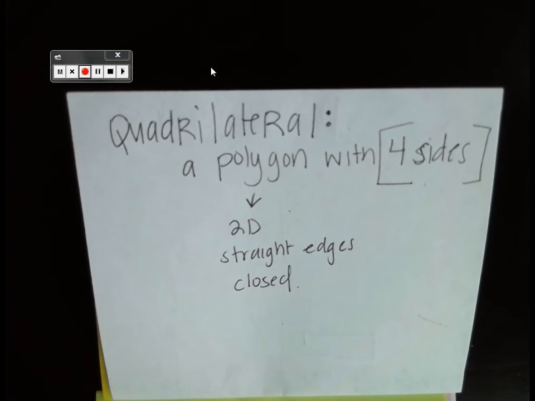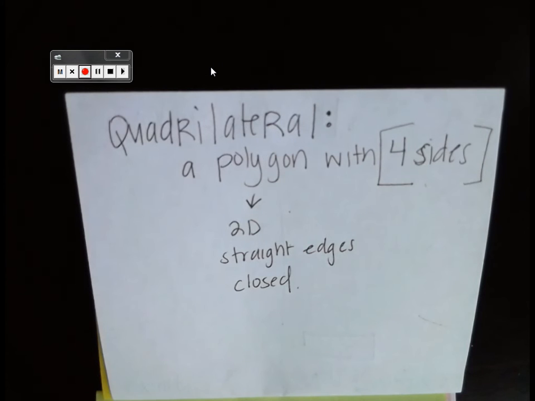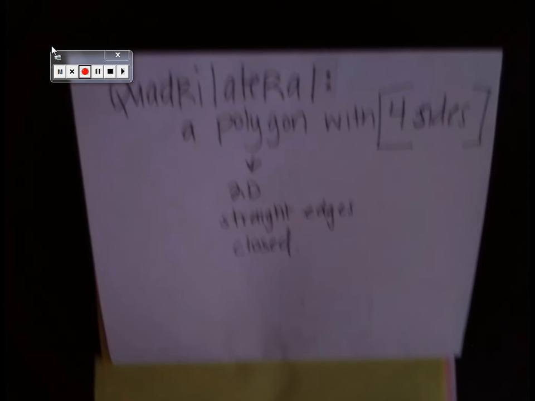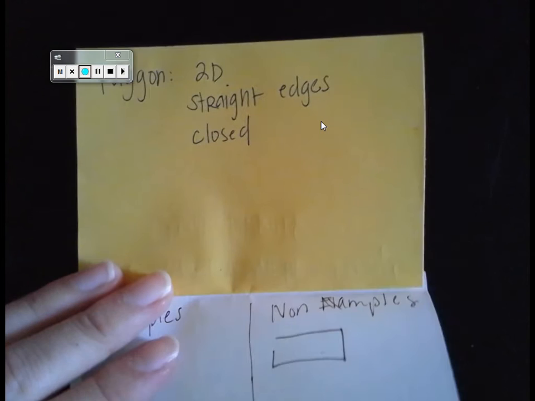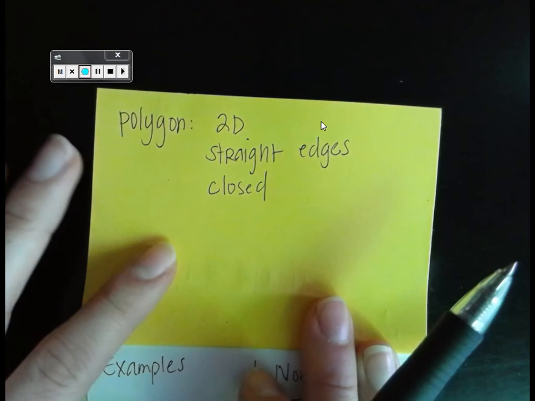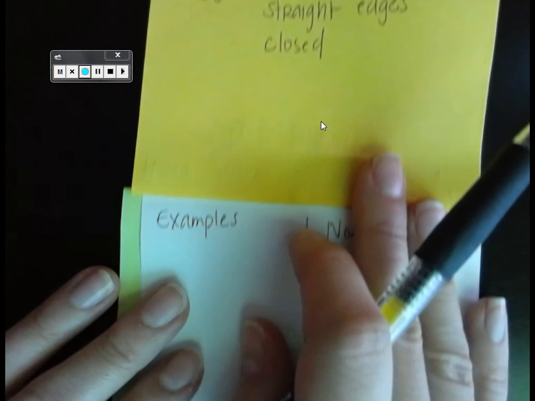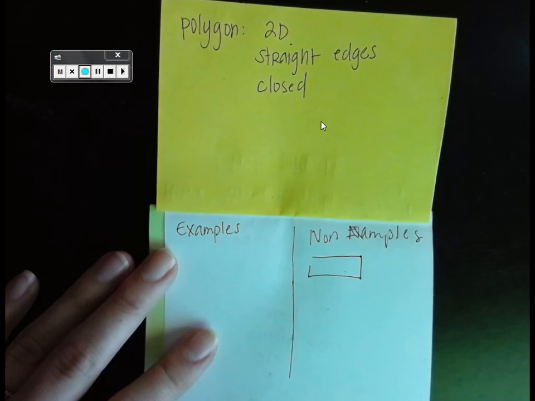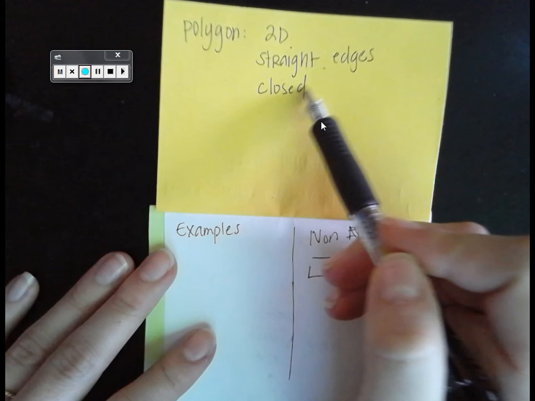Okay, so one more time. A quadrilateral is a polygon, which means it's 2D, closed, and has straight edges. So, back to the polygon, the examples. Can you give me an example of a polygon that has to be straight, closed, and 2D?